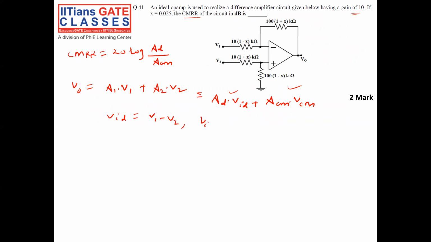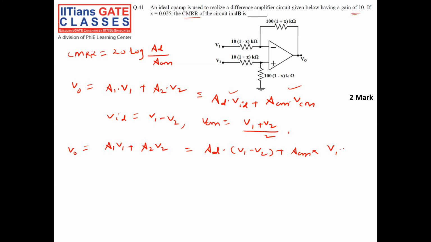VCM is equal to V1 plus V2 by 2. Putting this in the above equation, V0 is equal to A1 V1 plus A2 V2 equal to AD into VID, which is V1 minus V2, plus ACM into VCM, which is V1 plus V2 by 2, right?